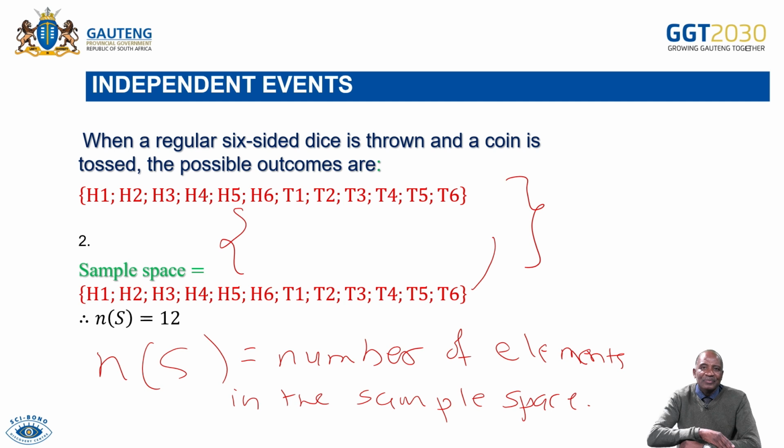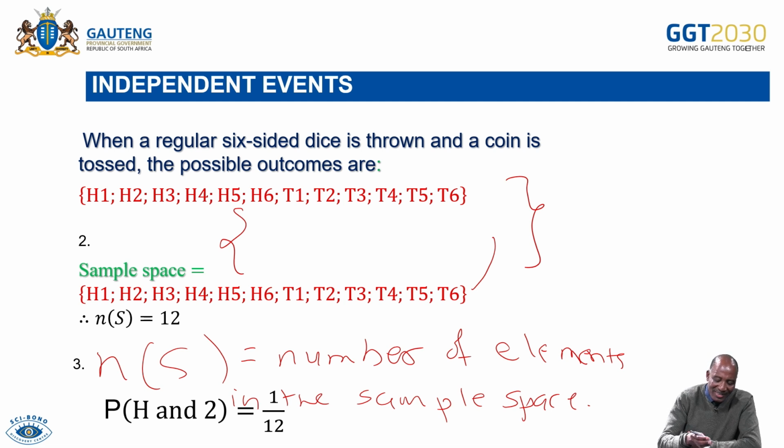Okay, then we proceed. The third part of the question asks for the probability of a head and a 2. So we have to go back to our sample space and identify how many heads and 2s we have.